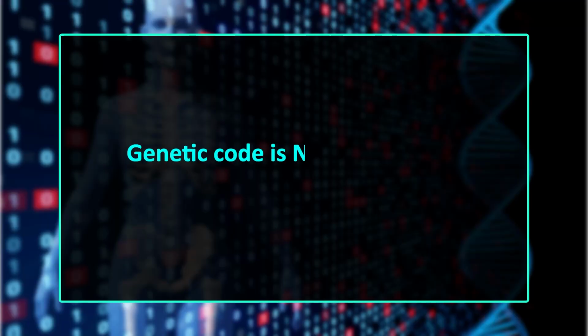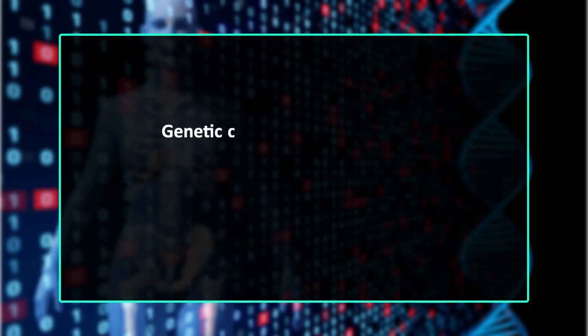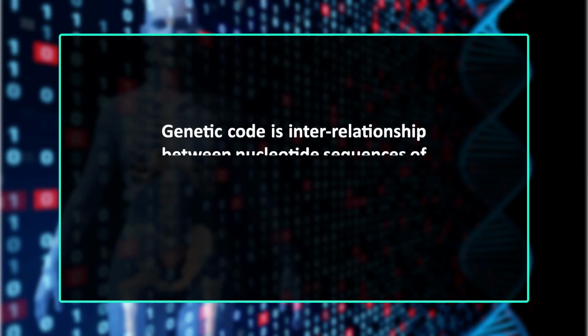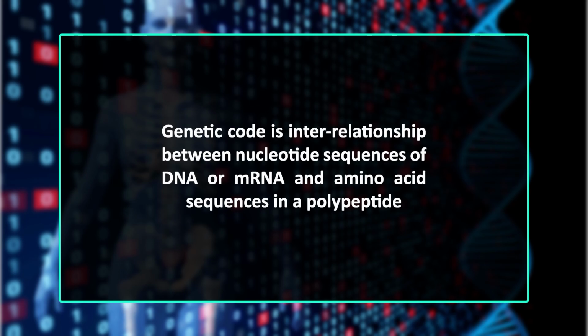Dear students, let's discuss now that the genetic code is non-ambiguous and universal. Genetic code is the interrelationship between nucleotide sequences of DNA or mRNA and amino acid sequences in a polypeptide or protein. A codon is an mRNA sequence containing coded information for one amino acid and consists of 3 nucleotides.